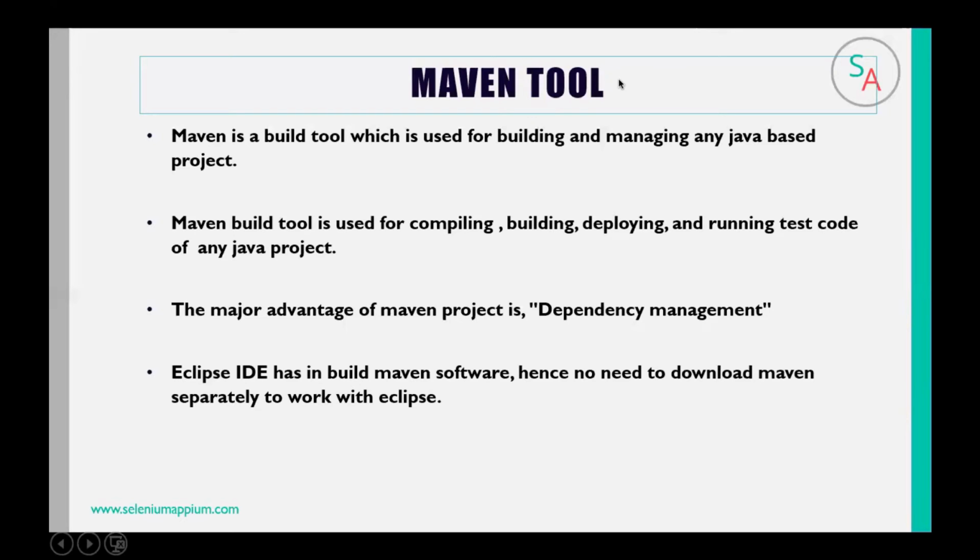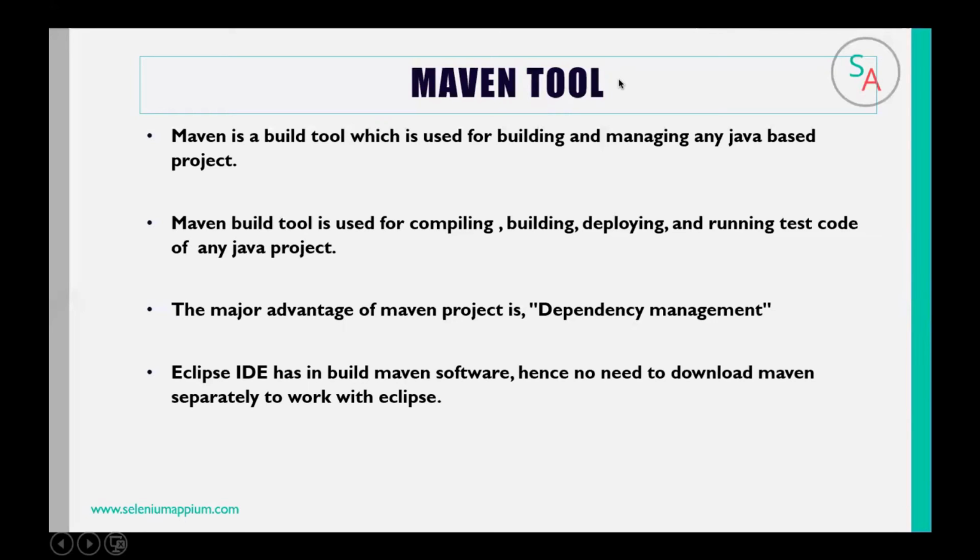When it comes to Maven, it becomes very easy. You don't need to download them separately. And upgrading to the latest version is very easy. And deleting the existing libraries or jar files is very easy.